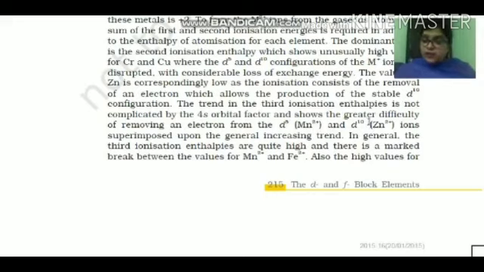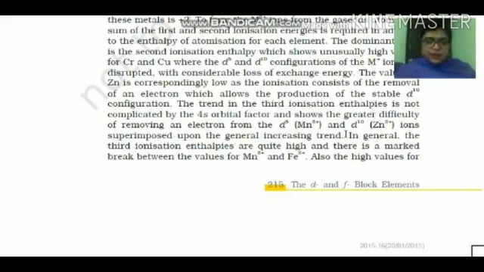So third ionization enthalpy means the electron will get removed from d5 and d10, and you know d5 and d10 configurations are very stable, so there will be great difficulty in removing the electron from d5 and d10. That's why the third ionization enthalpy will be very high.